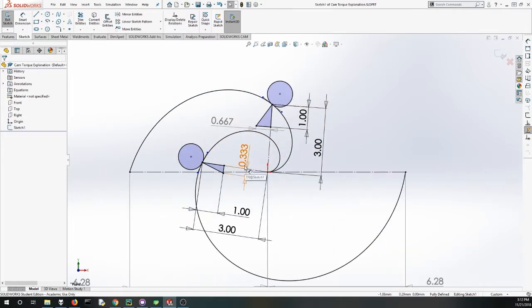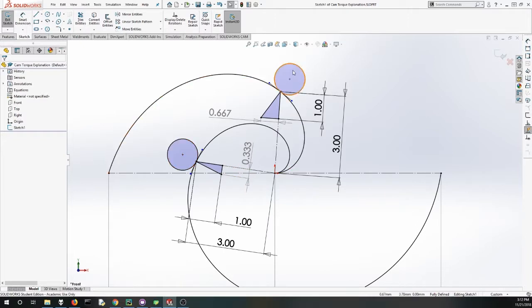And what I've done here is I've drawn two circles to represent your cam rollers. And the contact point between the circle and the cam profile is set at 3 units from the center of the cam in both cases.